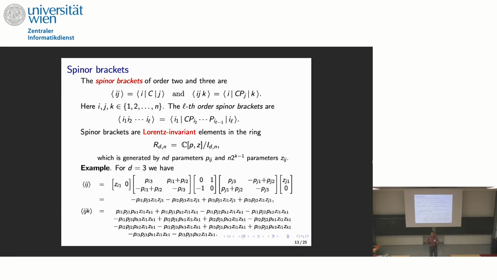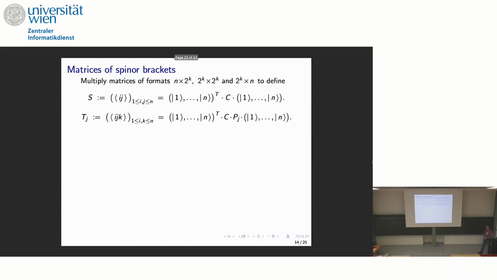That's now the input to an implicitization calculation. So from the physics we get these things, and what I'm going to be interested in now is what are the varieties that are parameterized by these parameters. What are the relations among order 2 spinor brackets, and what are the relations among order 3 spinor brackets? Very good, let's package them.